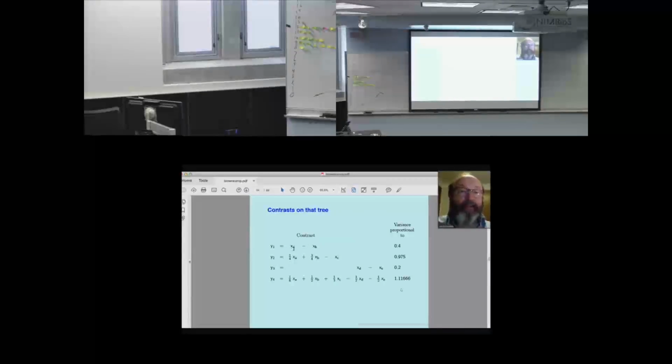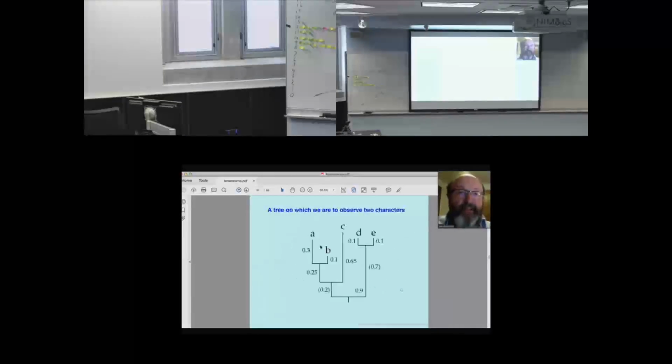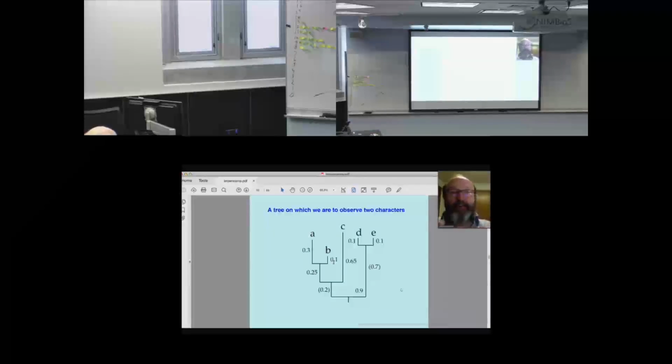And the result will be, if I keep doing this, if I keep removing those differences, I'll find that one of them is the difference between A and B, and it has a variance. I didn't say this, but I should have said, when there's the difference between A and B, the variance of that difference is the sum of the variances. Here they're 0.3 and 0.1. To be more correct, in any particular character you look at, it's a constant times 0.3 plus 0.1.